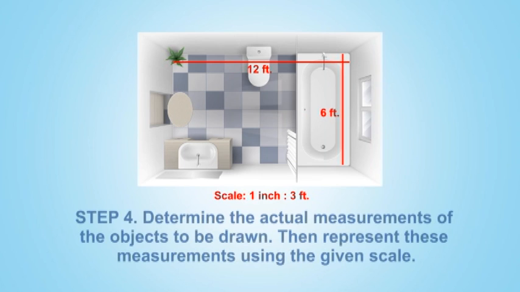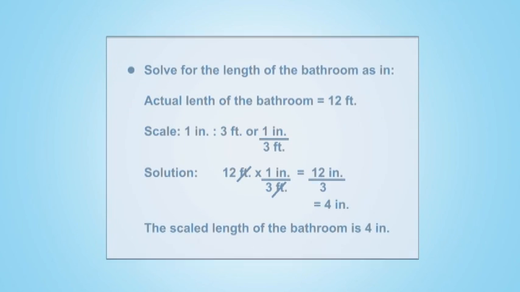Step 4, determine the actual measurements of the object to be drawn. Then represent these measurements using the given scale. To solve for the length of the bathroom, we take the actual length, which is 12 feet, and divide it by 3 feet. We then multiply it by 1 inch to get an answer of 4 inches. This makes the scaled length of the bathroom 4 inches.